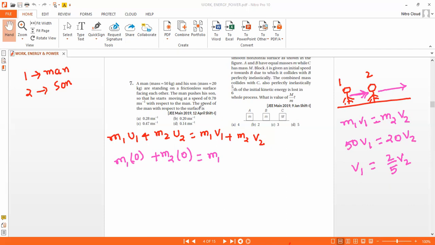Since they gave that the man pushes his son so that he starts moving at 0.7 meter per second with respect to the man, as the son is moving in this direction, the man will move in the opposite direction. So they gave that v1 plus v2 is equal to 0.7.